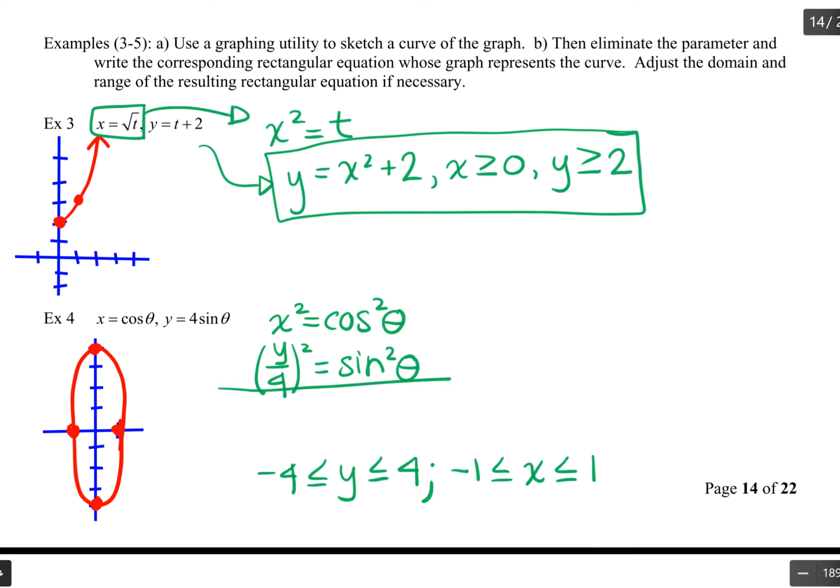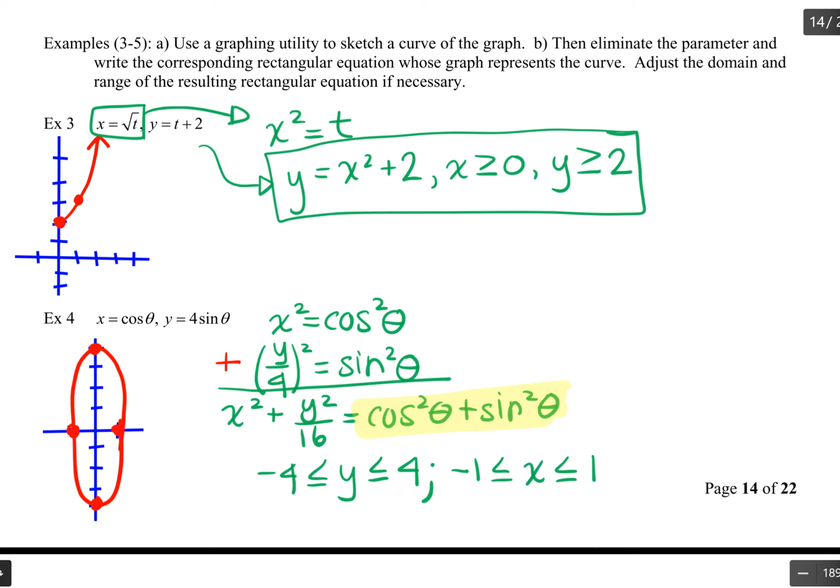Now, if I take these two equations and add them together, on the left side I have x squared plus y squared over 16 is equal to cosine squared of theta plus sine squared of theta. Aha! And there we have it, our identity.